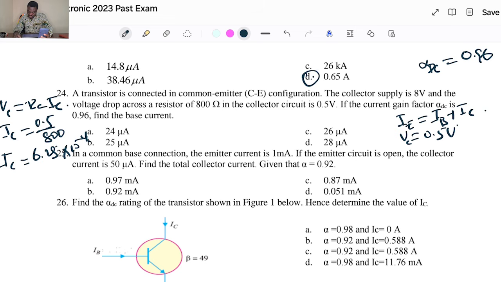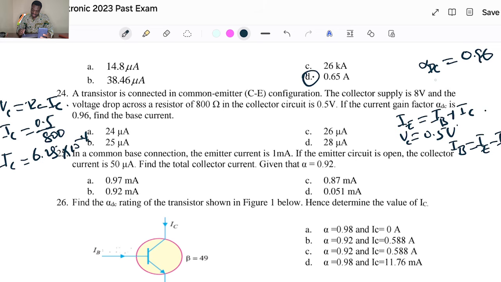Now we're trying to get IE, because we can make the base current the subject: the emitter current minus the collector current. So how do I find the emitter current, IE? To find it, we are given alpha DC.